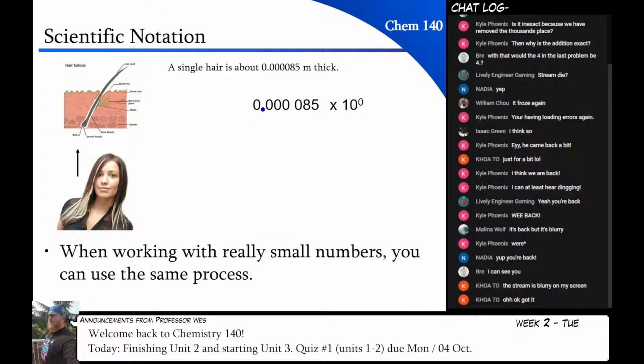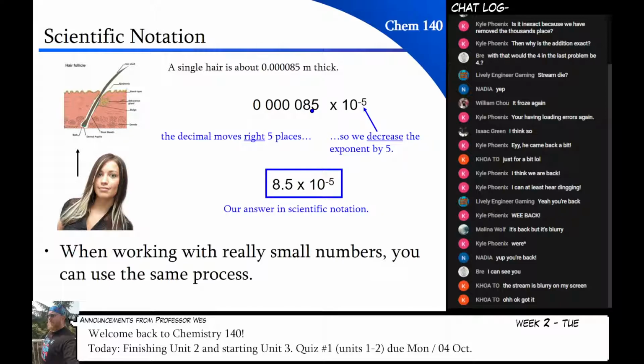So we're going to move this dot over, and we're going to just decrease this number for each space that we move to the right. So I move to the right 5 spaces. I'm going to make it 10 to the minus 5. Now, if I wanted more sig figs or fewer sig figs, I could adapt that 8 point whatever. I could do 8.50000, or I could just round to 9, or either one.